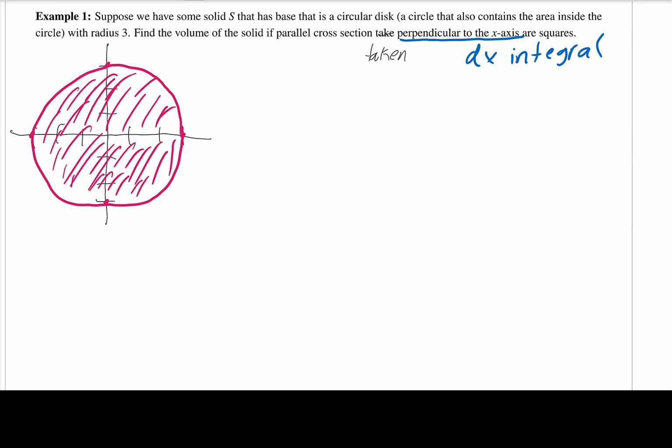Okay, and also, so now I'm going to go ahead and just draw my line, my slice that I'm taking, or at least like the base of this square. Right. So this is a line that is going to be perpendicular to the x-axis. Okay. Now, if this is the base of one of our squares, we want to figure out the area of each square. So remember that a square has side length s on all sides.